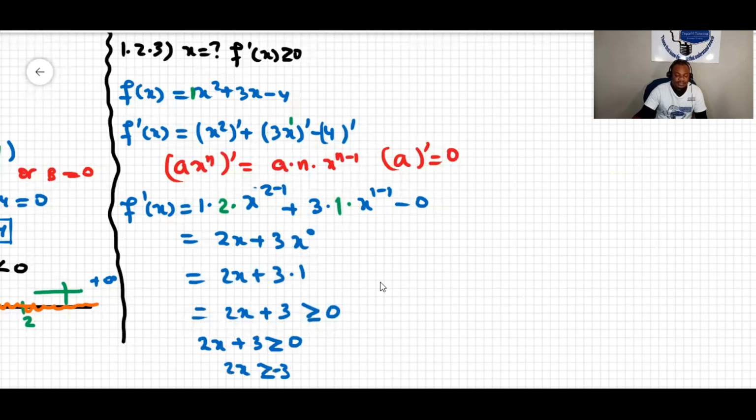Which means x is greater than or equal to negative 3 over 2 if we divide both sides by 2. So this is the solution. This is the value of x for the derivative of the function f of x to be greater than or equal to 0.